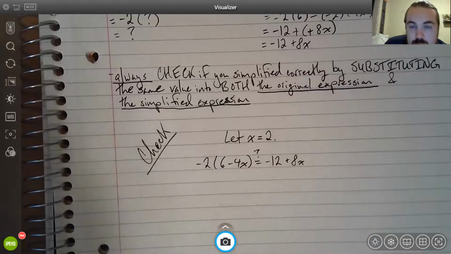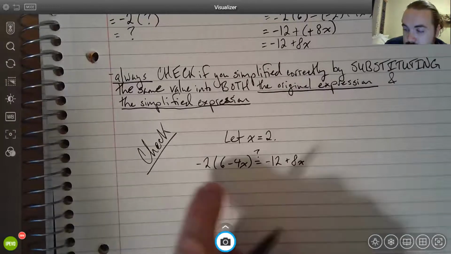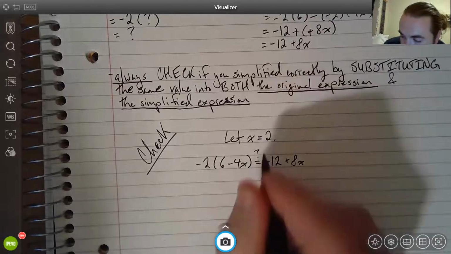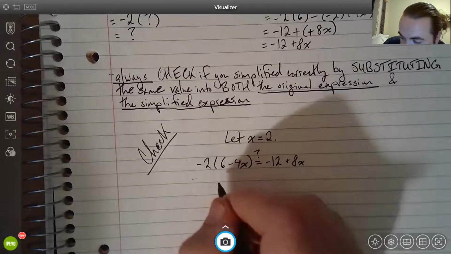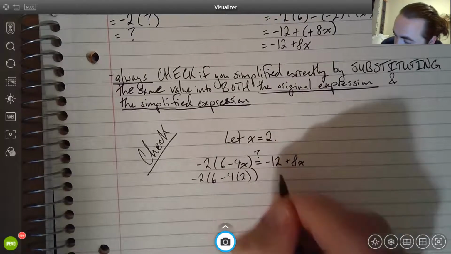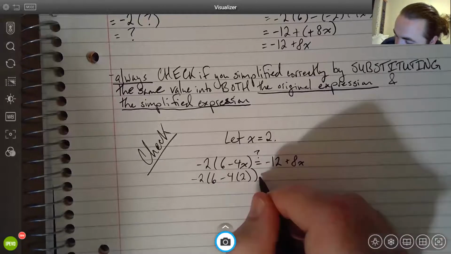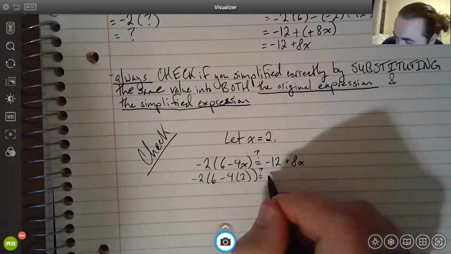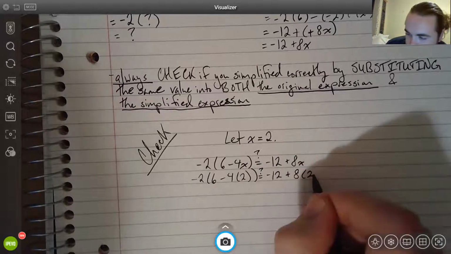All right, so the next step, after we just listed the original expressions, is to write it in here in parentheses: -2 times (6 minus 4 times 2) equals question mark, notice the line, -12 plus 8 times 2.